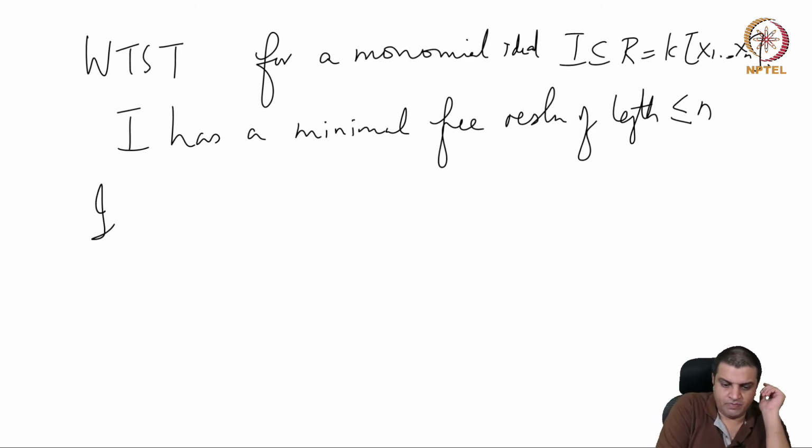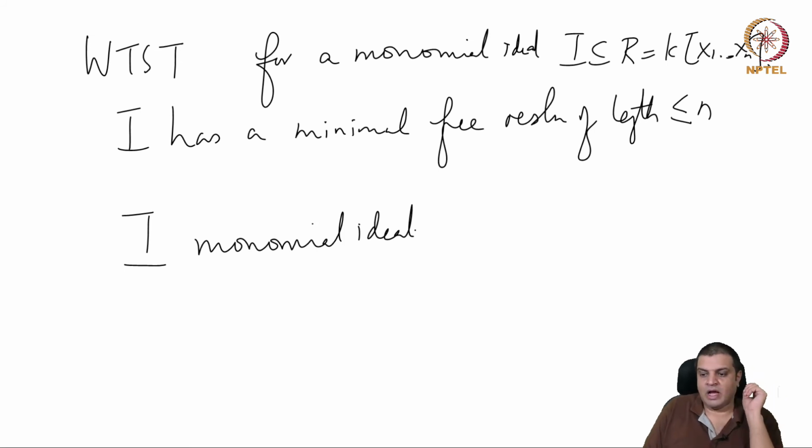So if I is not prime, let's ask: I a monomial ideal, when will I be prime? Well, if a minimal generating set involves a monomial of degree at least 2, then it cannot be prime, because it would be something of the form x_i x_j, but in that case either x_i or x_j has to be inside here.